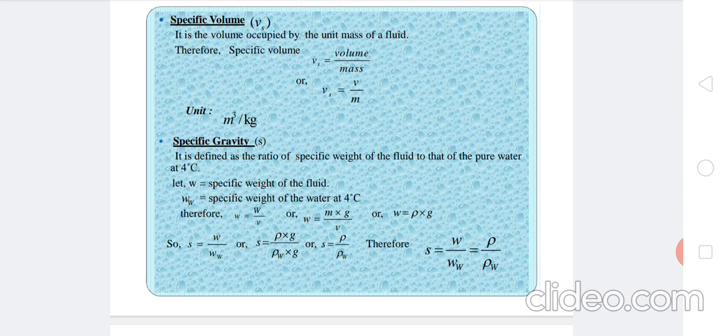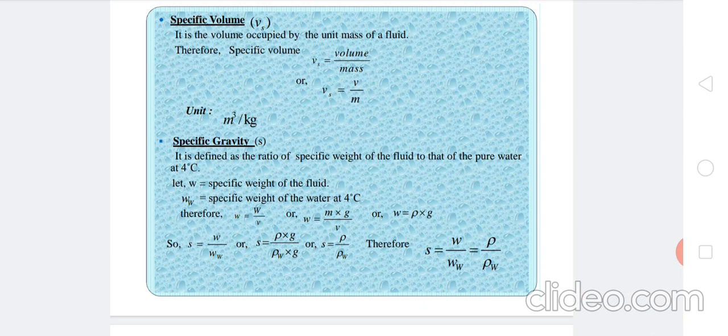Therefore, small w equals capital W by V, or, as weight equals m into g, mass into gravitational acceleration, small w equals m into g by v, or small w equals m by v into g. Rho equals m by v, so w equals rho into g.